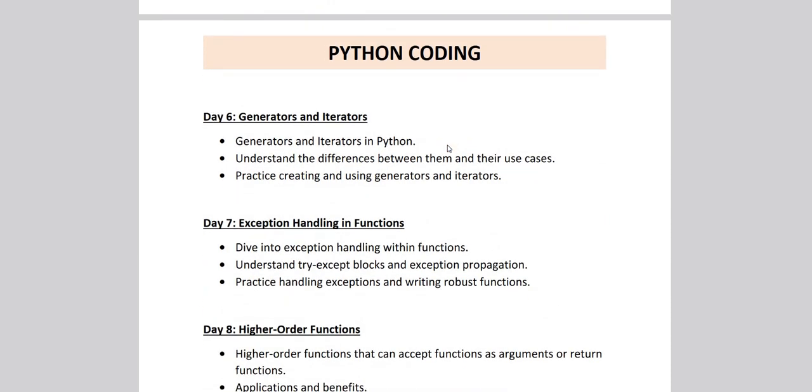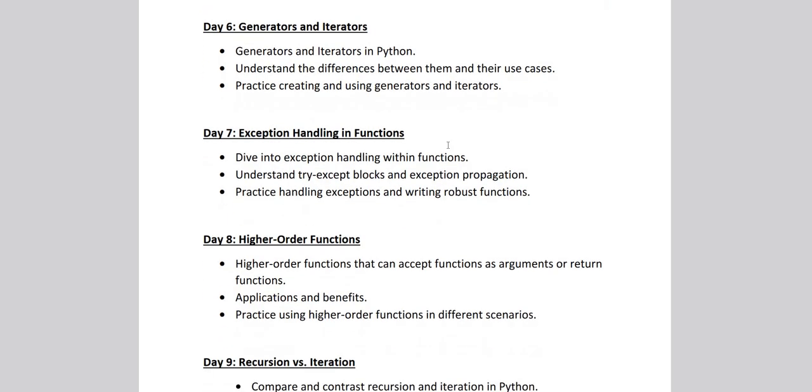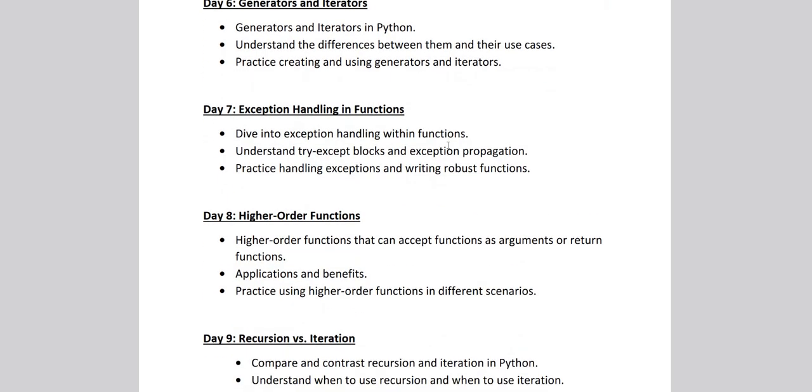Then day 6, we are going to see generators and iterators, what generators are and what iterators are in Python, and understand the difference between them and their use cases. Then day 7, we'll see exception handling in functions, and how we are going to use try except blocks and exception propagation.